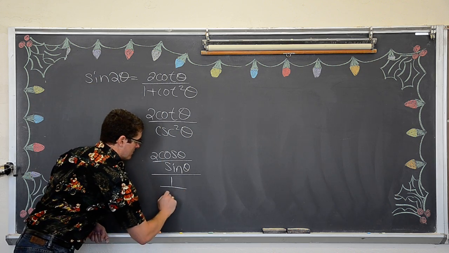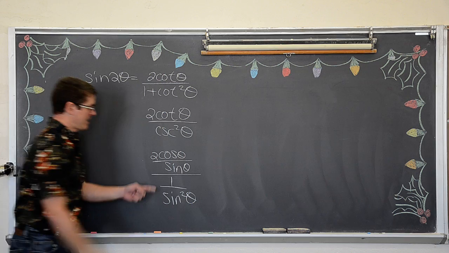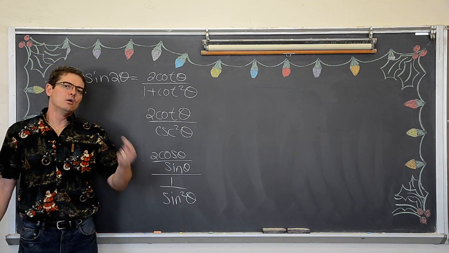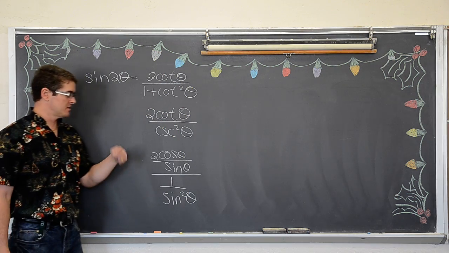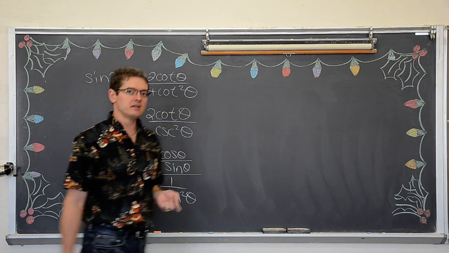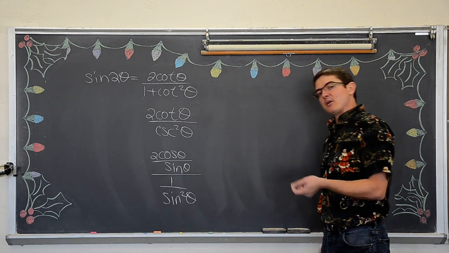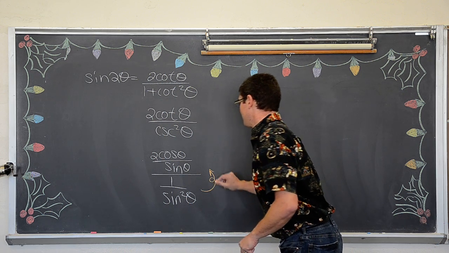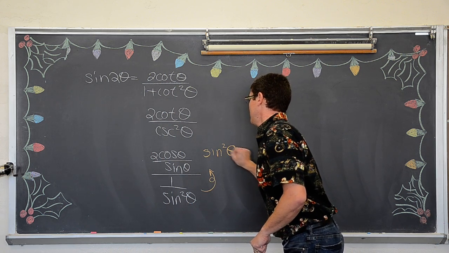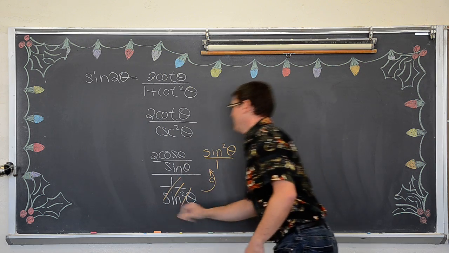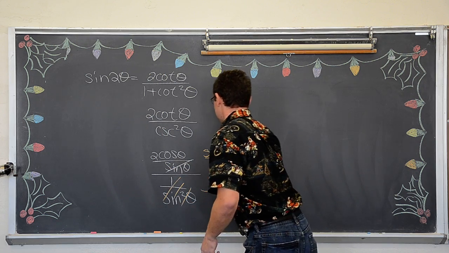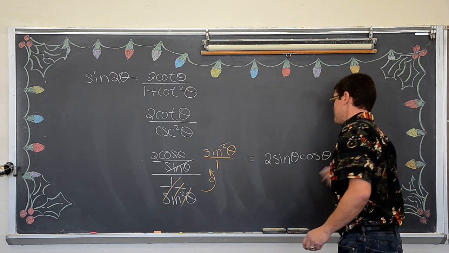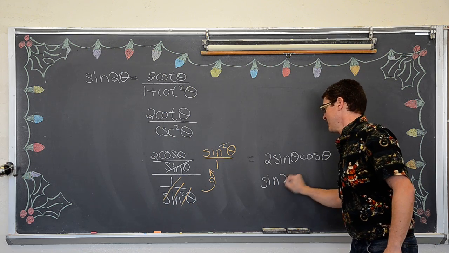And look, I originally had sine squared plus cosine squared there after finding common denominators and applying that first Pythagorean identity. So I kind of needed to know those Pythagorean identities anyway, regardless of how I did my proof. Anyway, the bottom's going to get flipped up, become sine squared theta over 1. And once again, the sines will cancel out. And once again, we have the sine of 2 theta.